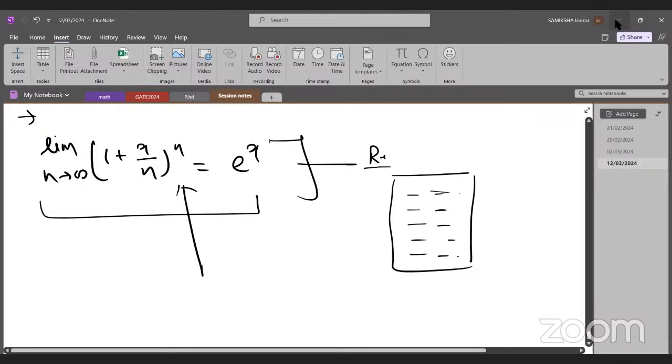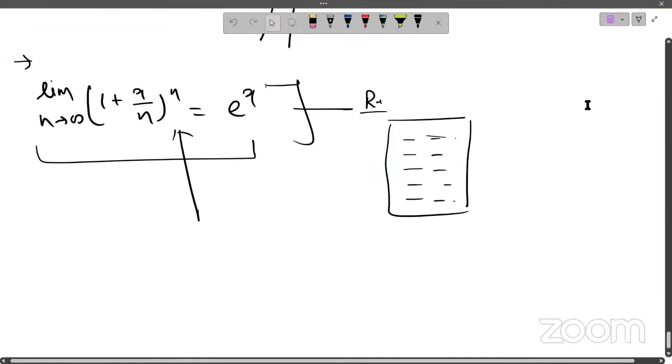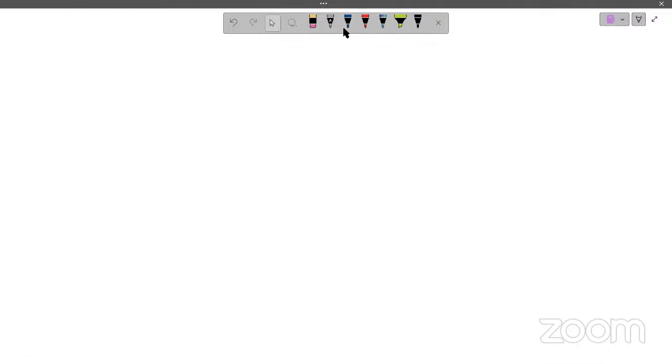There are some limits which were given to you in the lectures also. But I don't understand them, that is why I'm asking. So you can share a screenshot of which limit you are not able to understand. It's not Calculus Made Easy, it's Thomas Calculus by Pearson's publication.